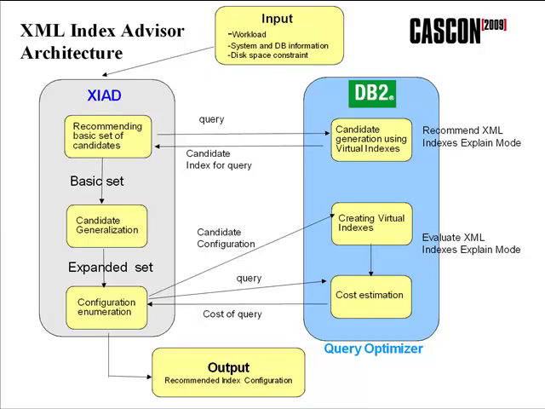This expanded index set is then input into a combinatorial algorithm called the configuration enumeration, which effectively takes a subset of indexes, throws it to the optimizer through a special explain table, and compiles queries with a special explain mode called evaluate XML indexes. That explain mode, when compiling a query, will read in that subset of indexes and create virtual indexes under the covers.